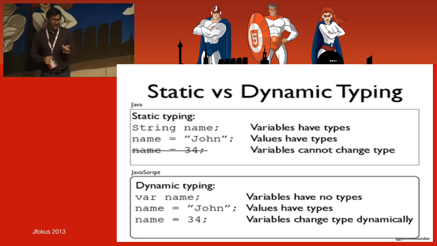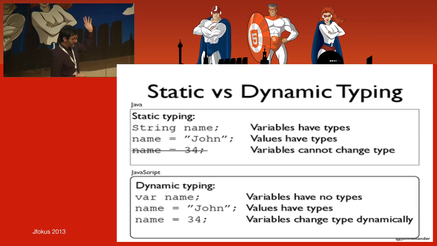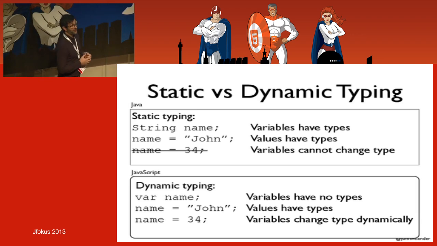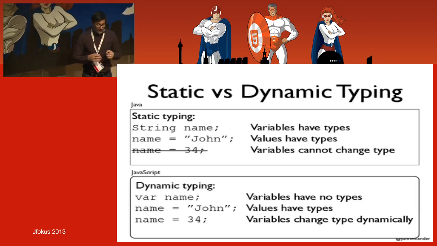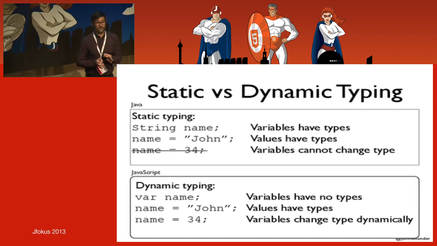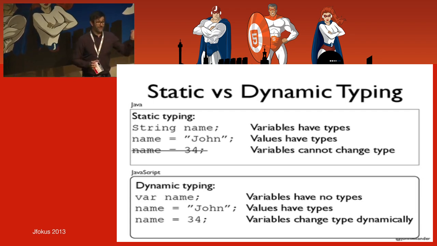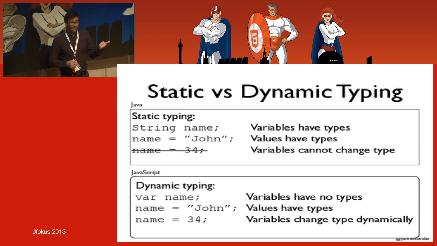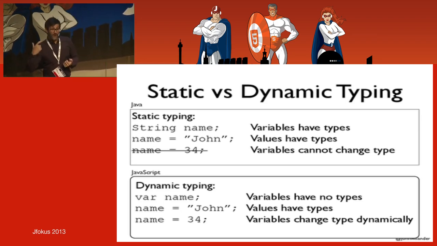Going further into typing here. So in Java, in the top box here, we have static typing. And this should be familiar to all of you. So variables have types. We declare variables with a static type, in this case string, and then the identifier of the variable. Values also have types in Java, which means that we can do a static type check to make sure that the type of the variable matches the type of the value.